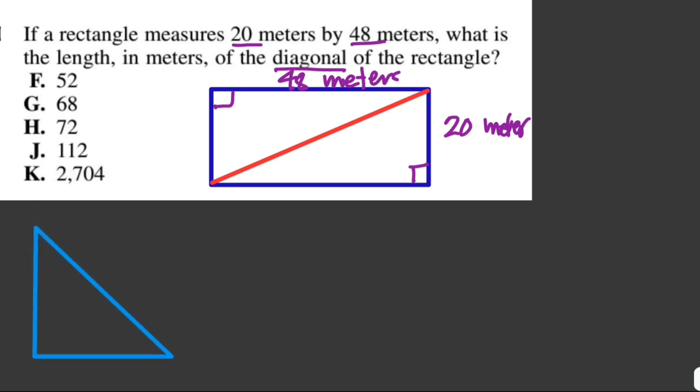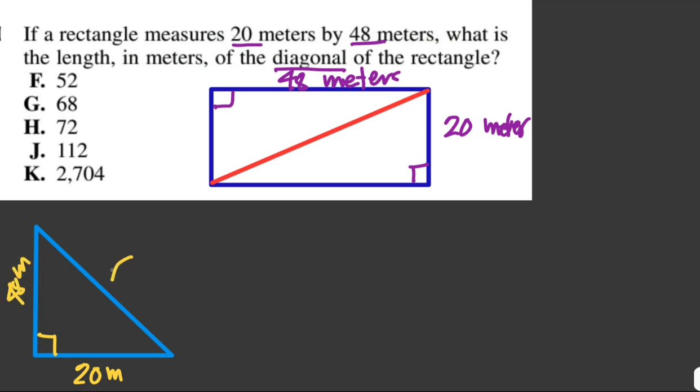Now let's separate one of the triangles here. Supposedly this is one of the right triangles of this rectangle. This is the width, which is 20 meters, which is now one of the legs of this triangle, and this one is 48 meters.